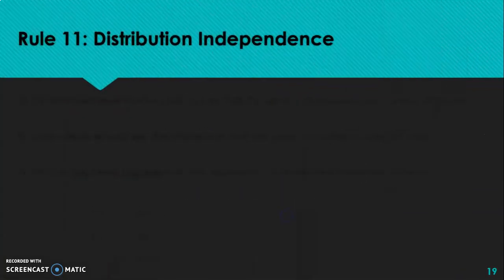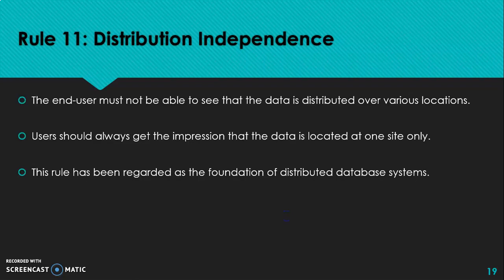Next we have rule number 11, that is the distribution independence. The end user must not be able to see that the data is distributed over various locations. Users should always get the impression that the data is located at one site only.